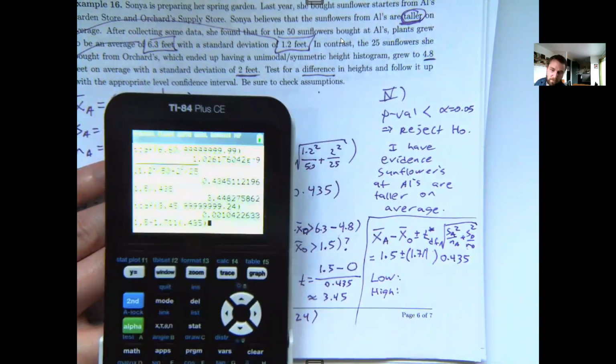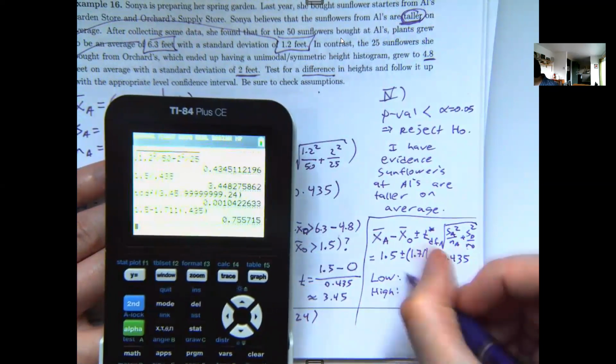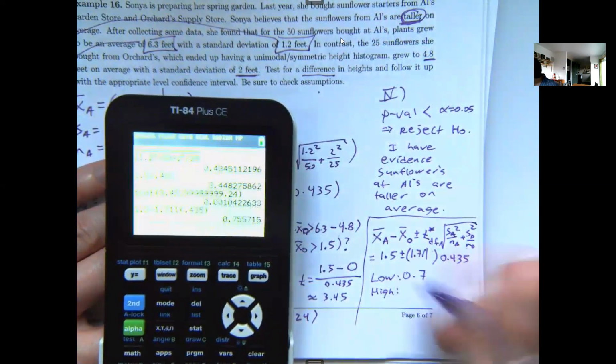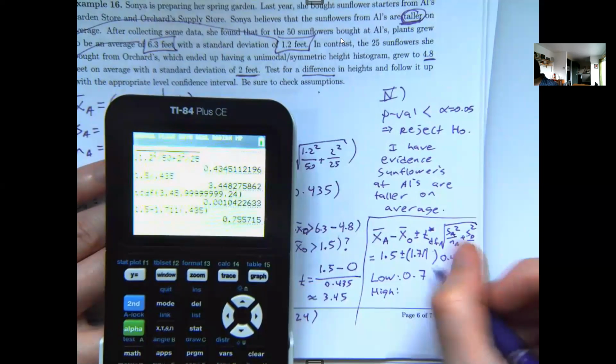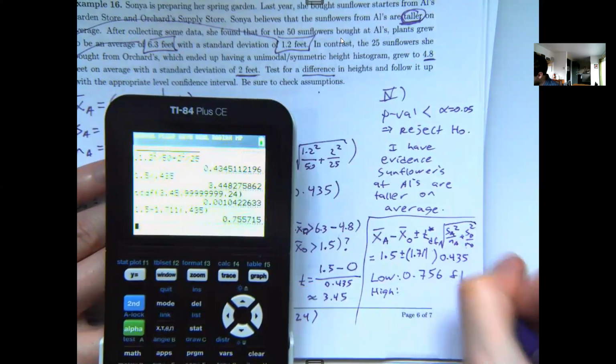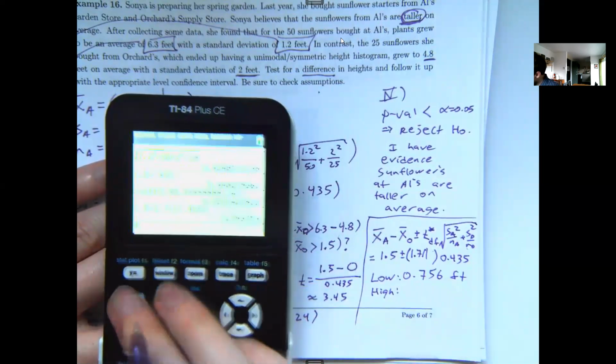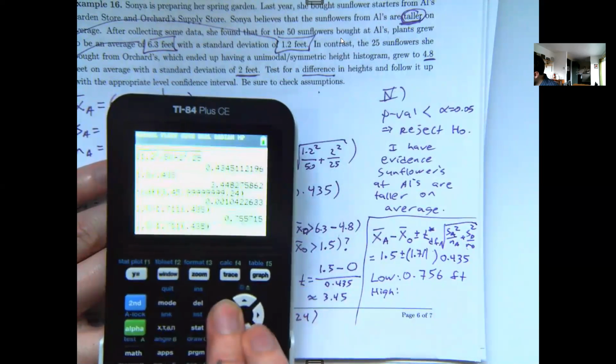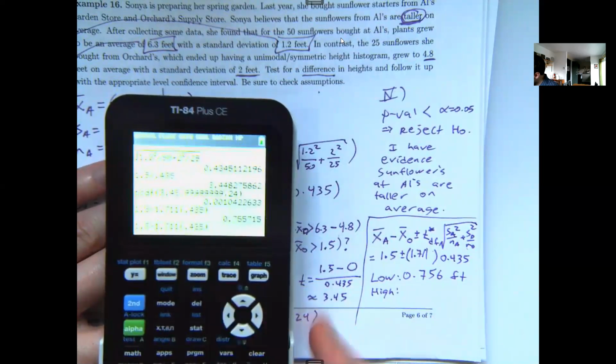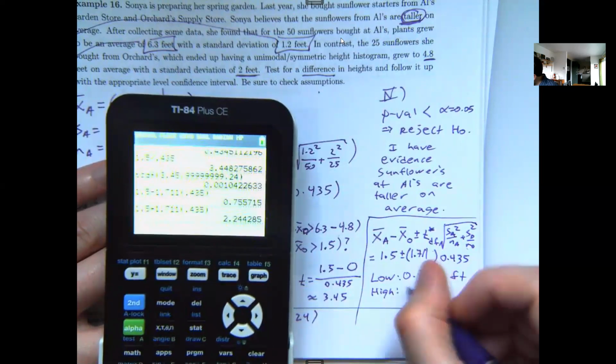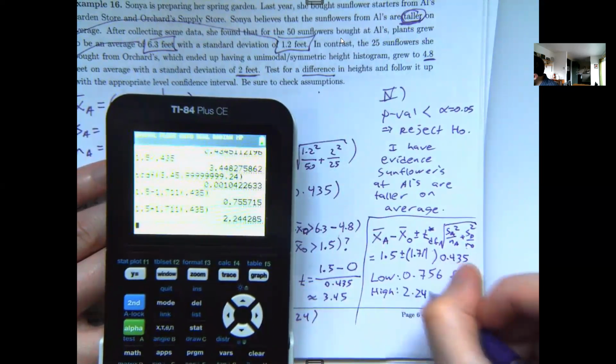The calculator is hard to read there, I know, but I'm going to be writing down the number. Low value: 0.756 feet taller. I'm doing the same thing, but instead of a minus, I'm going to do it with a plus. 2.244 feet.